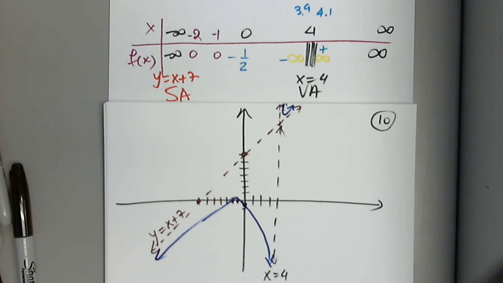I don't know anything about the viewing window. It's really difficult for this one. So I'm going to change it. I don't really want a lot of x, but I need probably a lot of y in the positive. So I'm going to put -10 to +5, which is good enough, with a scale of 1.